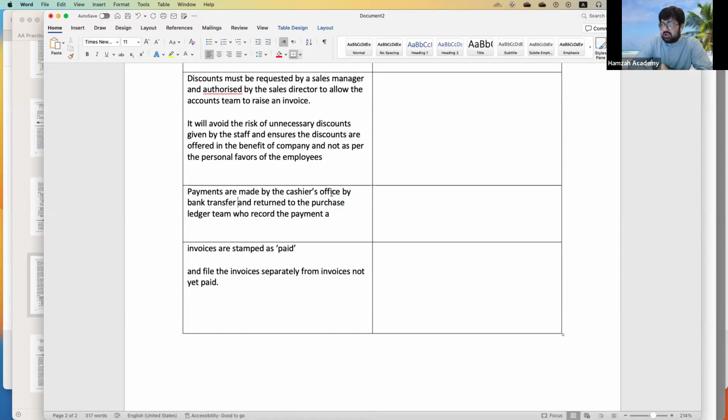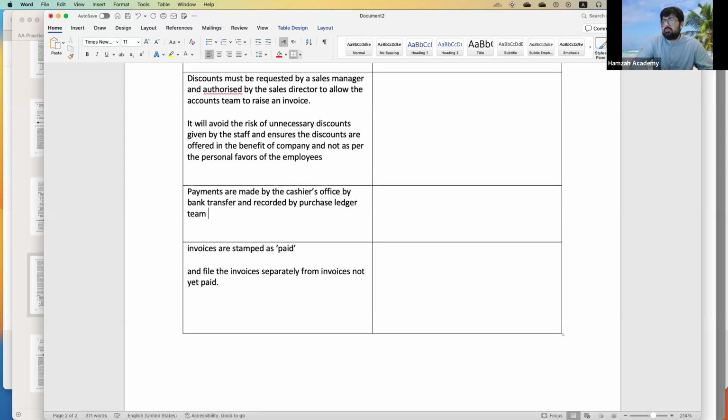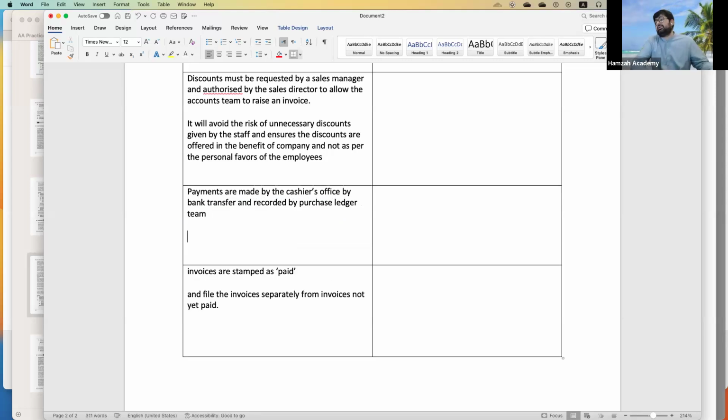Payments are made by cashier and recorded by purchase ledger team. What is the benefit?